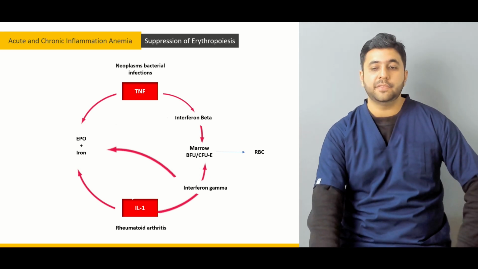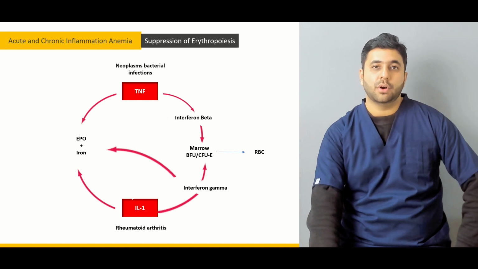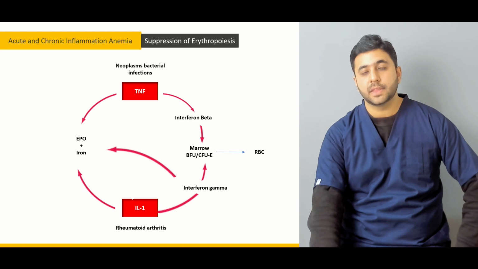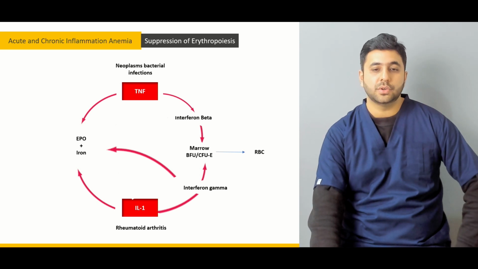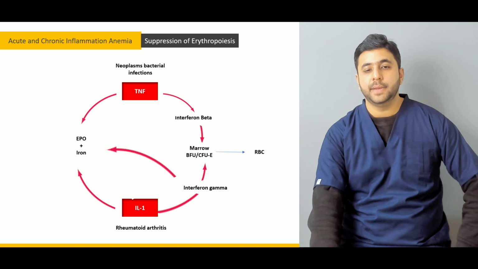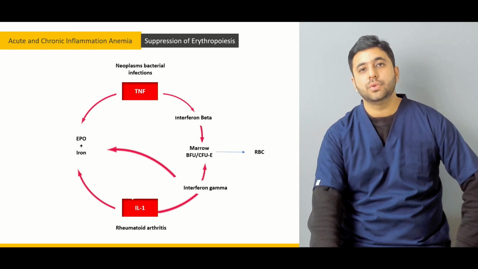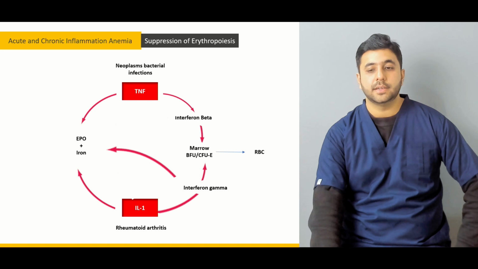And we don't have enough hemoglobin to carry oxygen in the long term. This happens generally over a longer period of time, and very rarely in acute conditions. So someone who has advanced malignancy, a long-standing bacterial infection, for example tuberculosis, or rheumatoid arthritis which is not being controlled, can develop long-standing anemia of chronic disease.